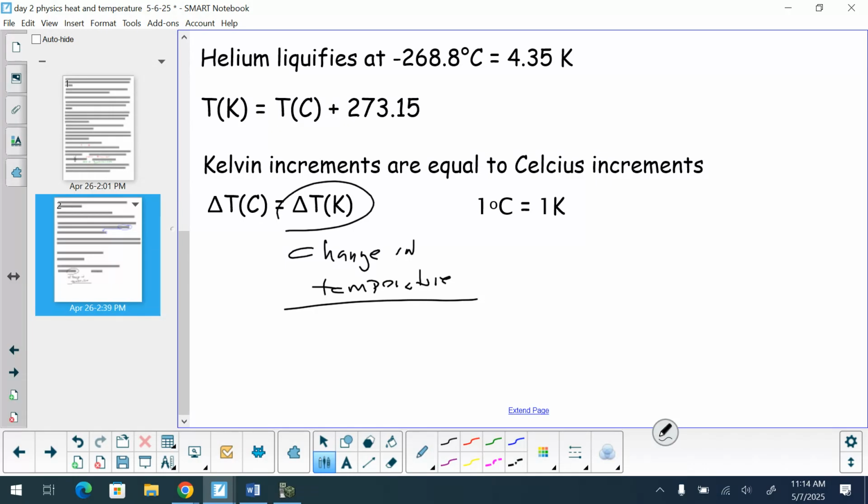If you look at your change in temperature in Kelvin, that will also be the same as change in temperature in Celsius, which will help us out because when we start dealing with heat transfer, we use a formula as mc delta T. Our delta T is involved within the problem. And when you look at your c value, these are constants of heat transfer. Those typically will be in Kelvin, and you sit there and say, oh, I gotta change from Celsius to Kelvin. Well, if you have it in Kelvin, that's also in Celsius. You can always convert them in Celsius too.